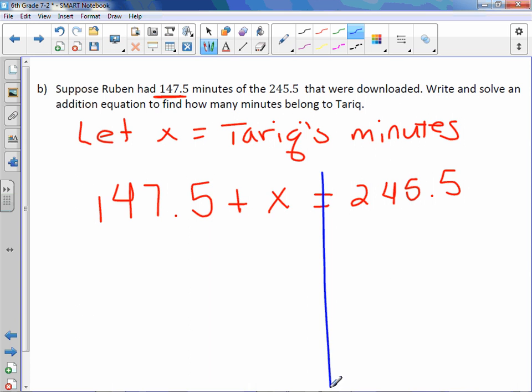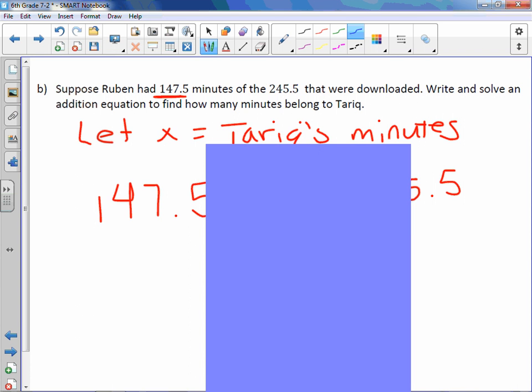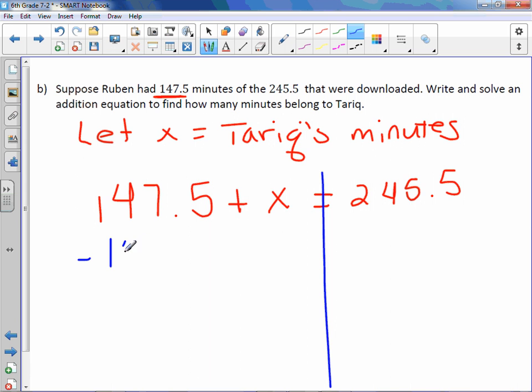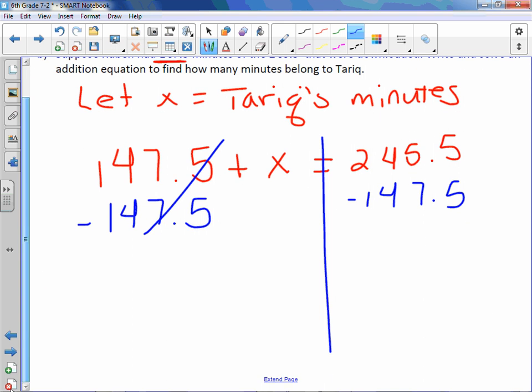Now let's solve. X is on the left-hand side. I have to get rid of this positive 147.5. I'm going to do that by subtracting 147.5 from both sides. 147.5 minus 147.5 is 0. Bring down the x equals, and now let's subtract. 5 minus 5 is 0.